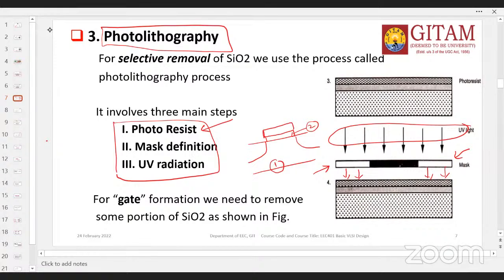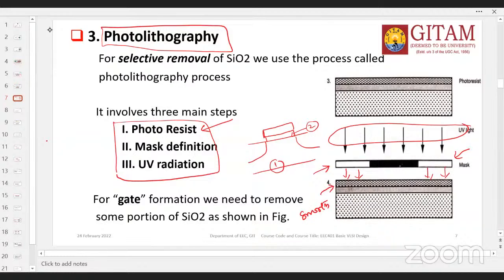Other materials are also there. Some polymers are initially very smooth, and when the light is exposed, they become hard. That kind of photoresist materials are also there.